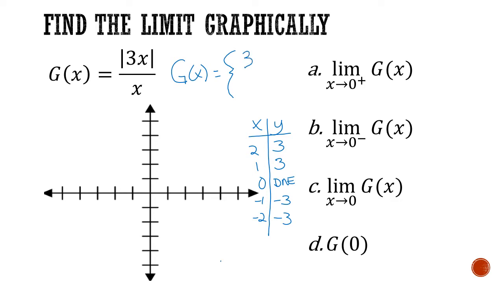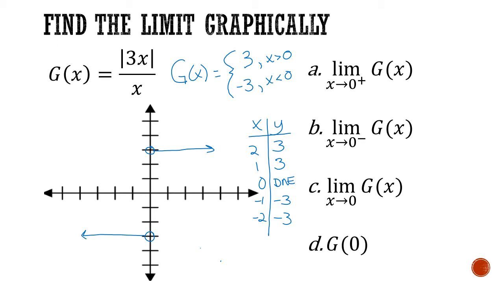And that domain is when your x is greater than 0. And g of x equals negative 3 when x is less than 0. So let's sketch this. 1, 2, 3. It needs to be open. Horizontal line at 3. 1, 2, negative 3.